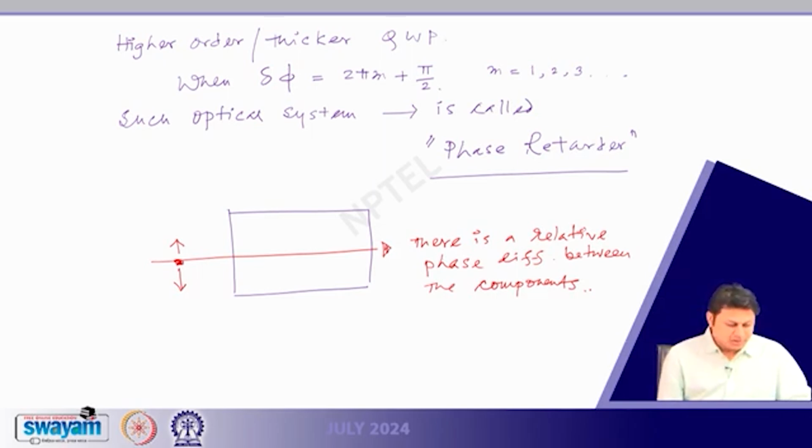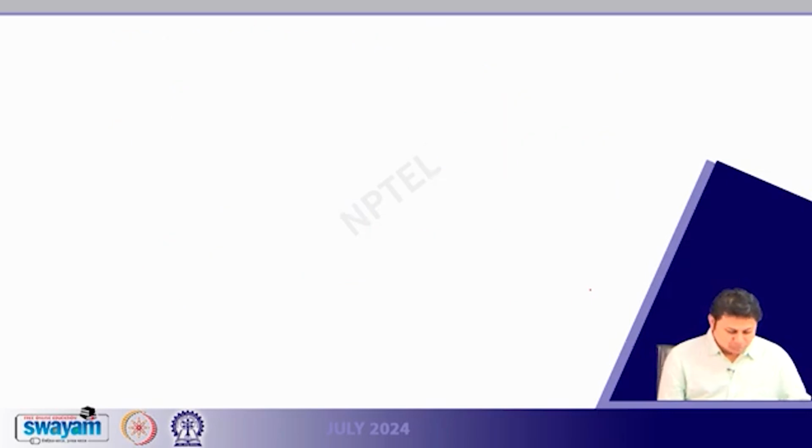Now we want to understand the different kinds of crystal, uniaxial and biaxial crystal to be very precise. So, what is the meaning of that? Let us define. Before that, we need to understand once again the optic axis that we mentioned.